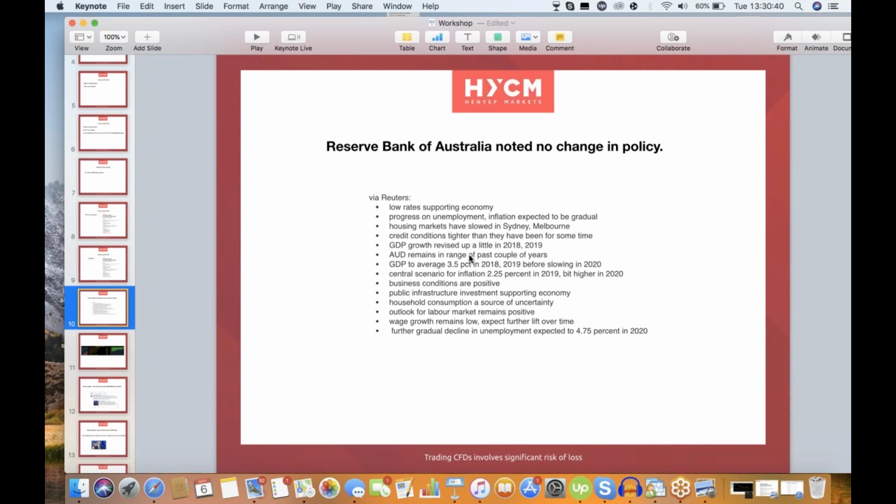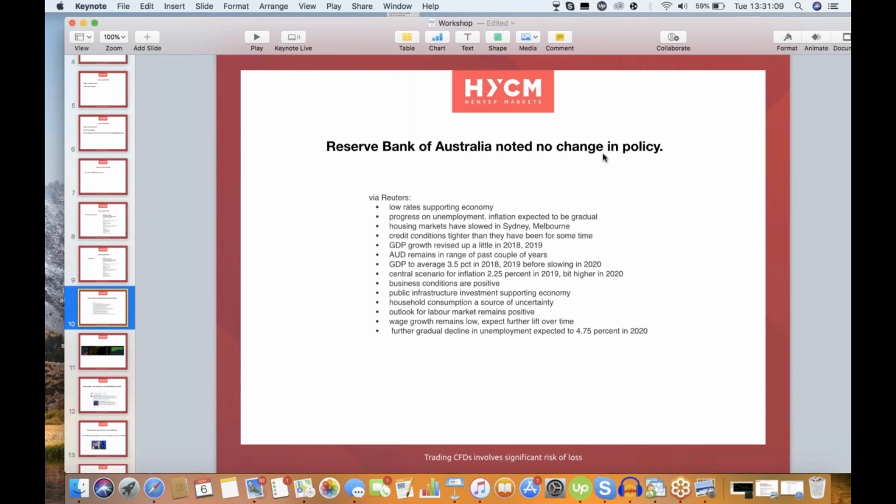The Australian dollar is remaining in a range. The central scenario for inflation is 2.25% in 2019, a bit higher in 2020, and some analysts think they're going to raise interest rates in 2019. There was also household consumption. One concern is the level of Australian debt, so that's a bit of uncertainty for the Australian economy.